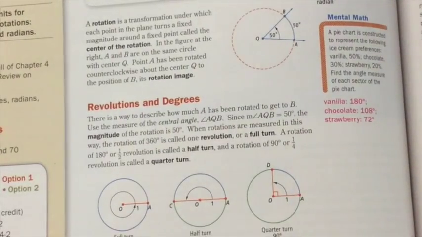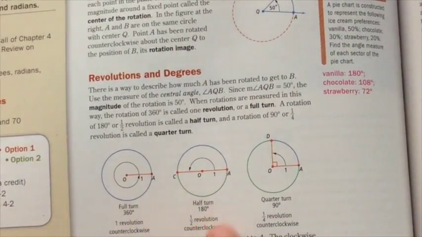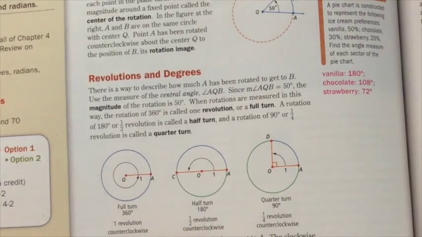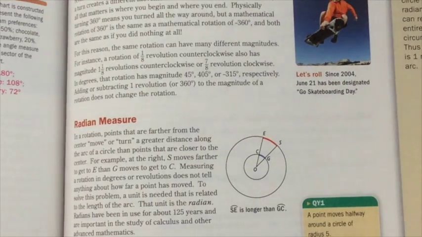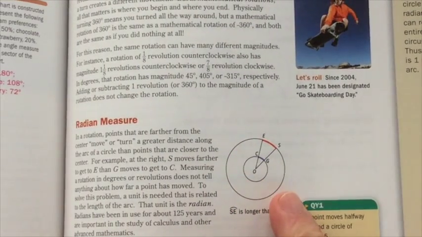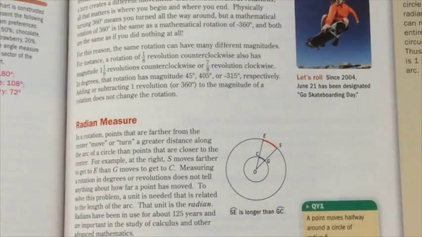What happens here? They give you some more examples. They talk about measuring in degrees and revolutions. Then they move on and talk about radian measures over here, and they draw a circle sort of like I drew, where they say, hey, look, there's a ratio here. It's always going to be the same.